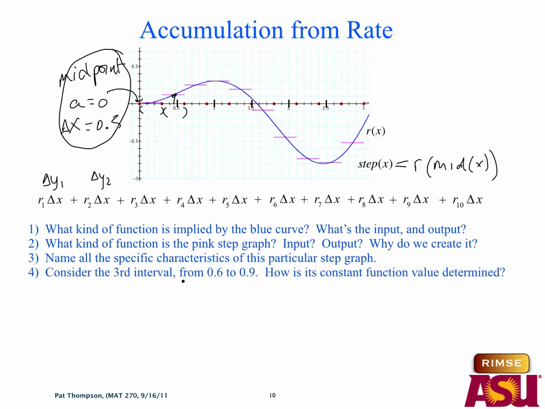So just to really hone that in, right? If we look at the third interval, 1, 2, 3, so here we are, okay? How was its constant function value determined? How did I get this value up here?